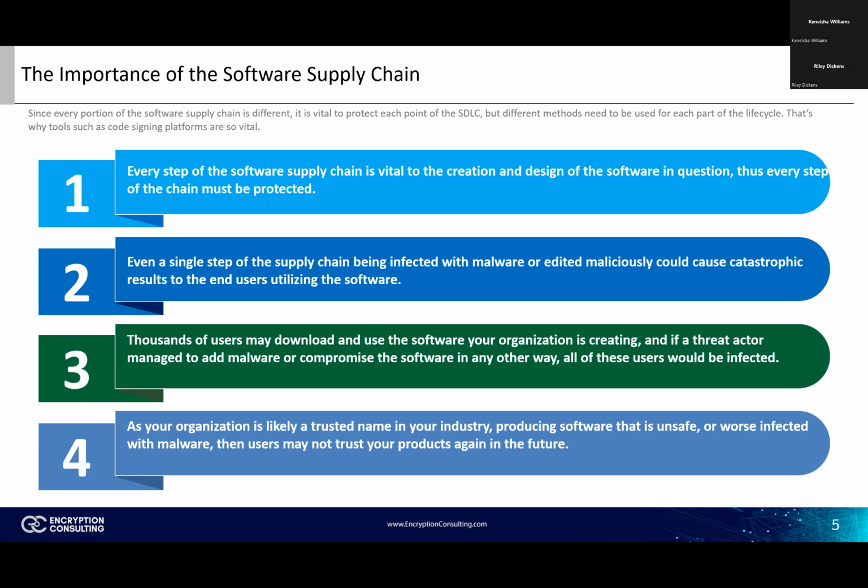So it's just extremely vital to be protecting your software supply chain so that you never put out software that is infecting users, or in any part of the process doing anything malicious to an end user's computer, things like that.